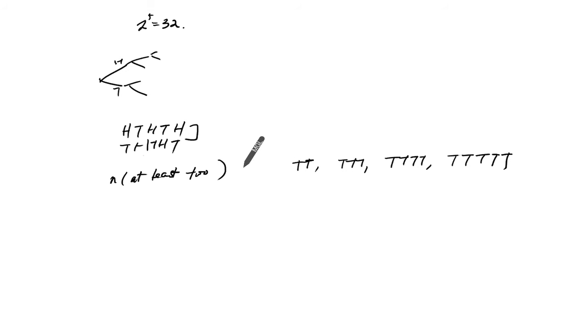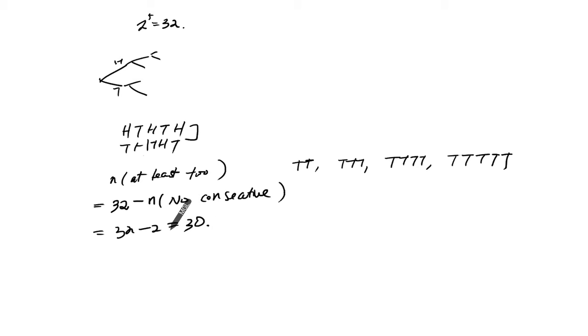Okay. So instead of trying to figure this out, what we can do is we can get the total, which is 32, minus the number of ways there's no consecutive tails, which is 2 different ways. Right? So it's 30.